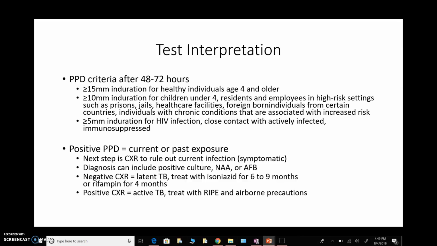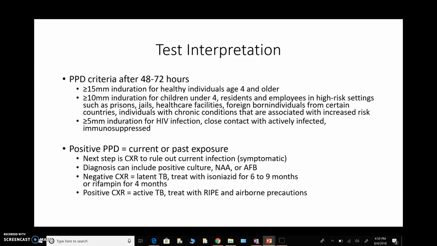You can read these here, but 15 millimeters is for basically any healthy individual, as long as they're age 4 and older. 10 is the in-between with young children, people in healthcare, working in healthcare facilities or prison, foreign-born individuals, any individual with chronic disease that's associated with increased risk. And then that 5 millimeters is set for people with HIV infections, if you have close contact like family members with an active infection, and anybody immunosuppressed, so if they're on immunosuppressive medications, things along those lines.